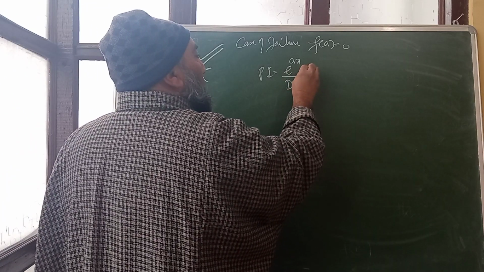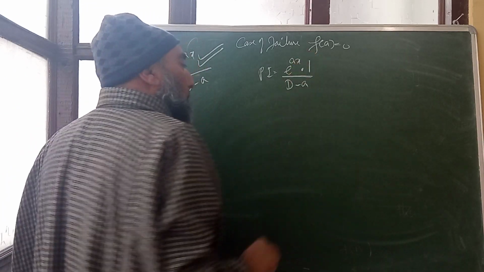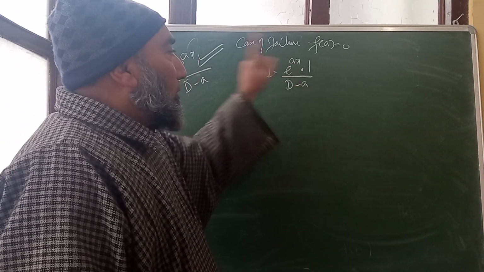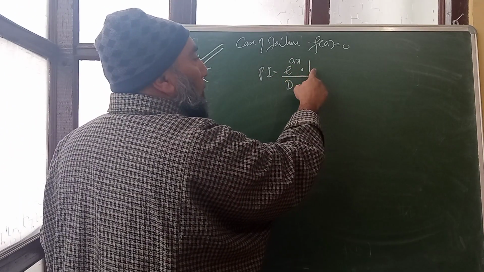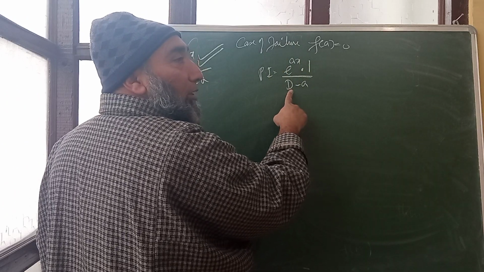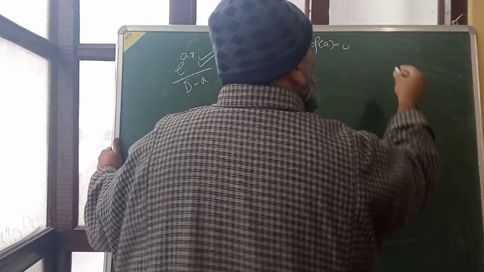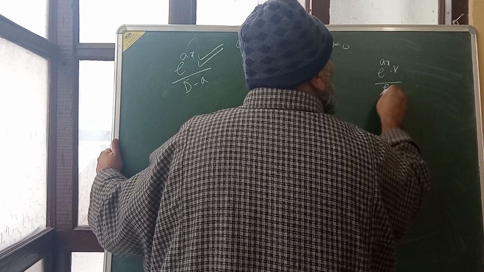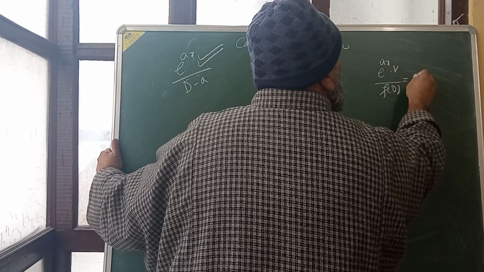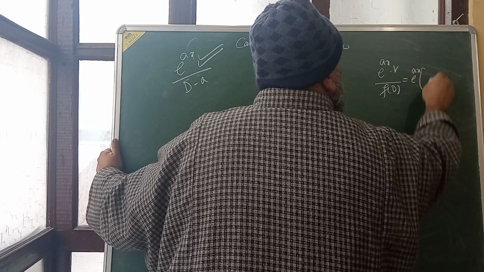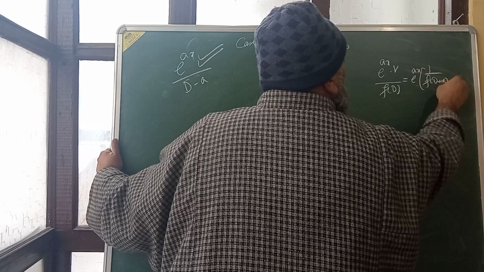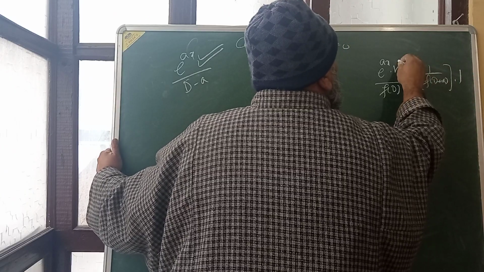You see, this can be written as e to the power ax into 1. Does it matter? It doesn't matter. Now this type of equation, you have e to the power ax into 1 upon f(D), right? You have seen that if you have e to the power ax into V upon f(D), then this particular integral is e to the power ax outside, you replace D by D plus a and operate on the rest of the function.